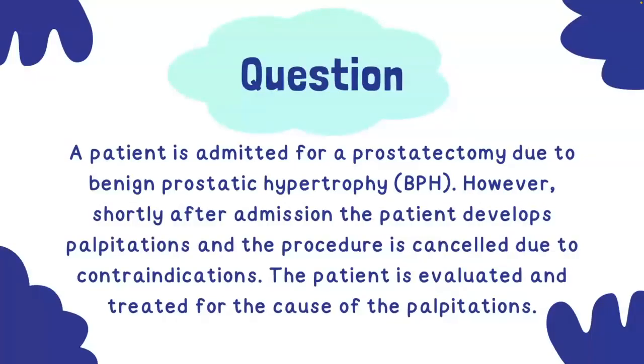So the principal would be BPH. Does everybody understand that guideline? If you have not read these guidelines, or you read them and you're not applying them, then you need to go back and read them again.